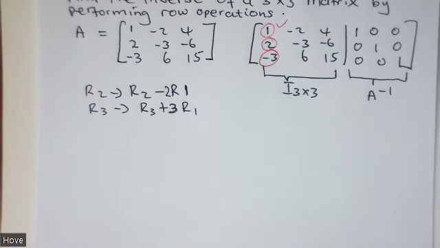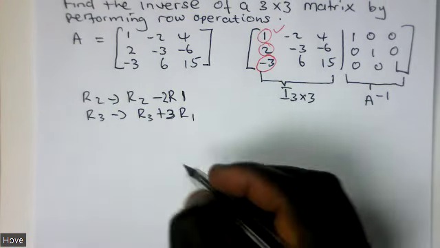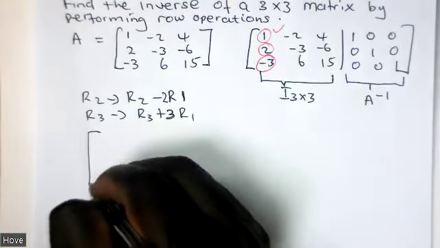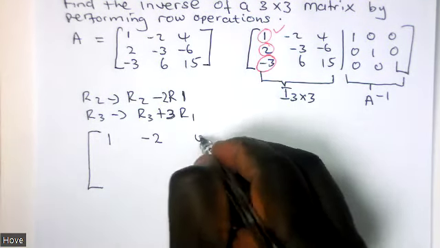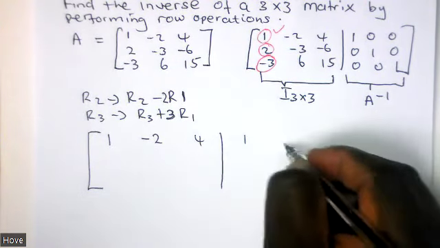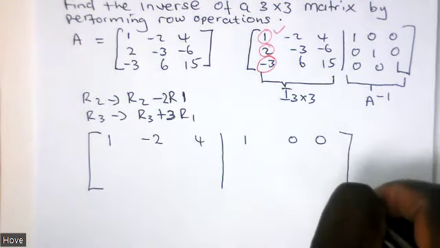If we perform these two row operations, the first row remains as it is because we are not doing anything on it.